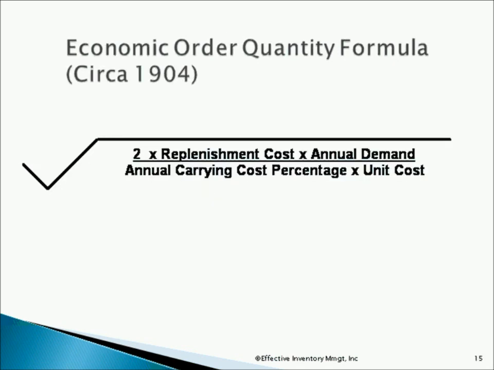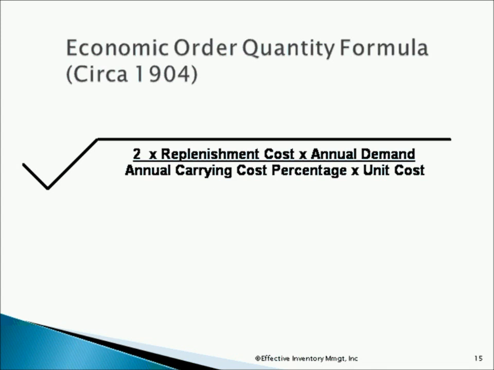This is the original version of the economic order quantity formula dating back to 1904. That's what, 106 years ago. The square root of 2 times the cost of replenishing inventory times the annual demand of a product divided by the carrying cost percentage times the unit or replacement cost per piece.